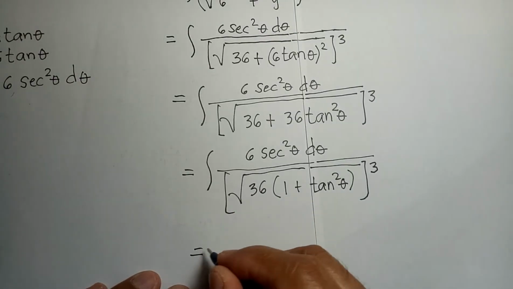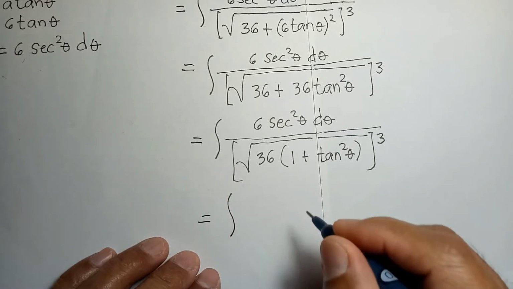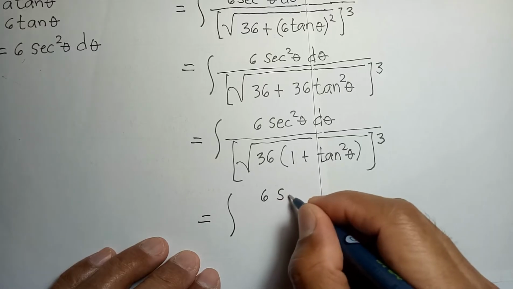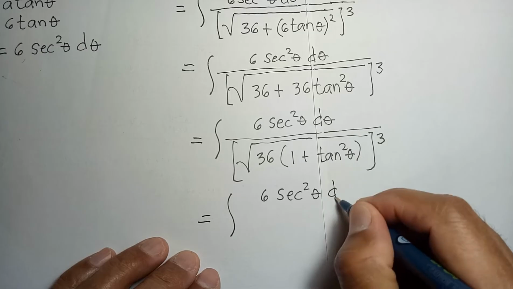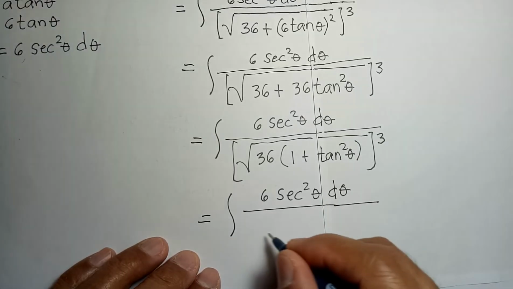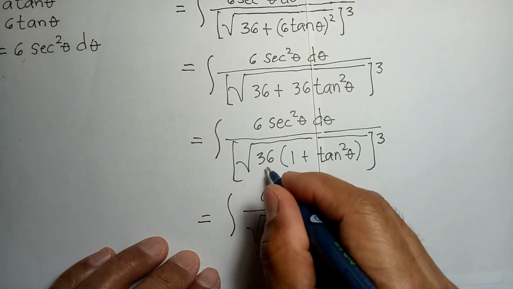So, equals, no? So, we have integral. So, yung ating numerator, 6 secant squared of theta d theta, divided by, and then square root. So, meron tayong 36.